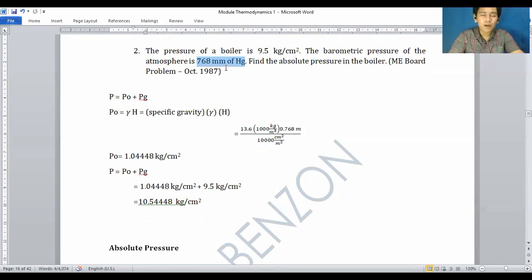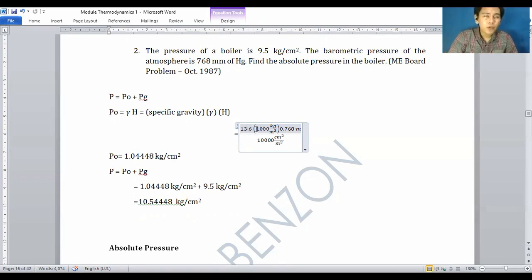So when you find a barometric pressure that is in mm of Hg, we have to convert first the mm of Hg into mm of water, or we simply change its dense fluid into water. So, 13.6. What is 13.6? 13.6 is the specific gravity of mercury.